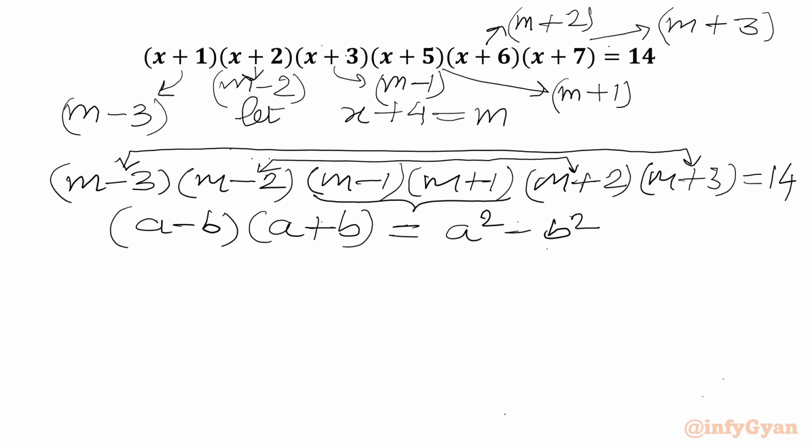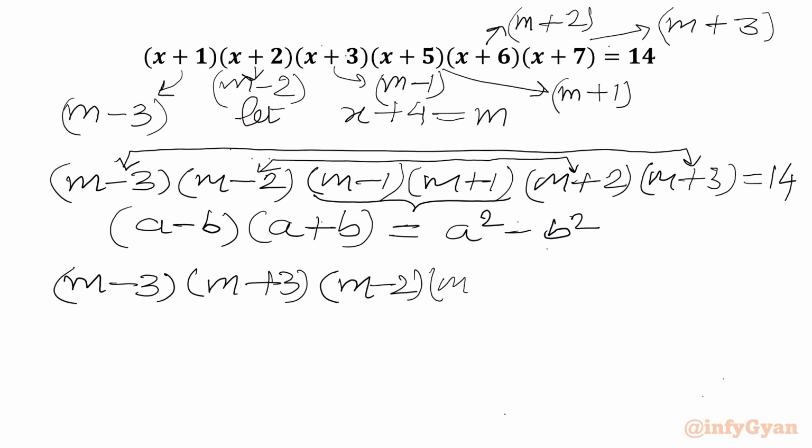So we will get (m-3)(m+3), then we will write (m-2)(m+2), then we are having (m-1)(m+1) = 14.